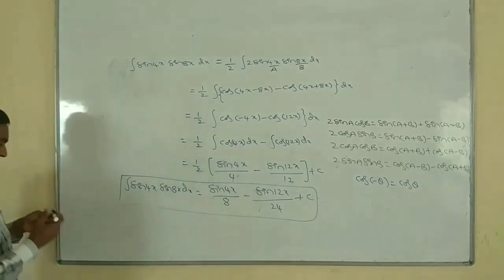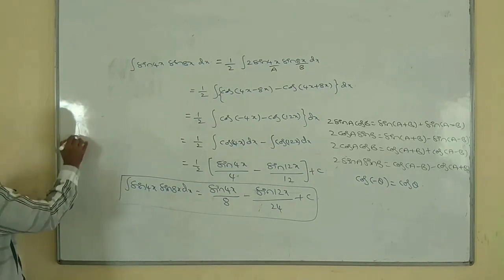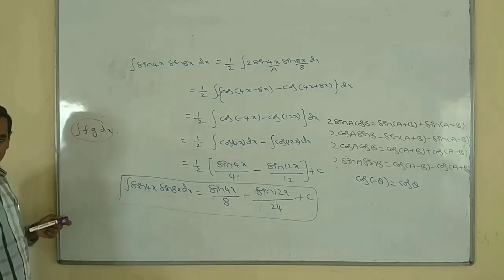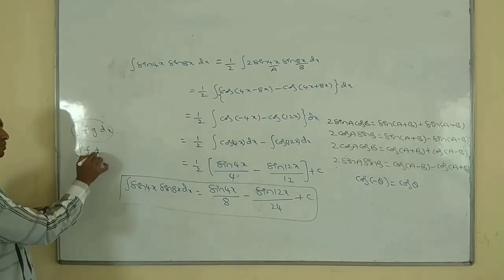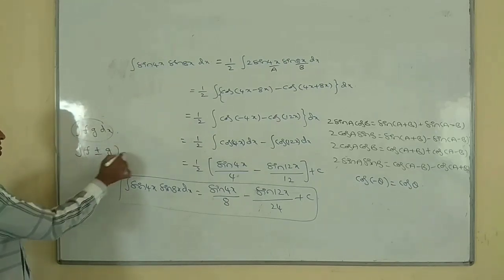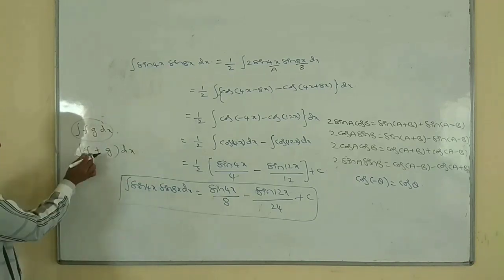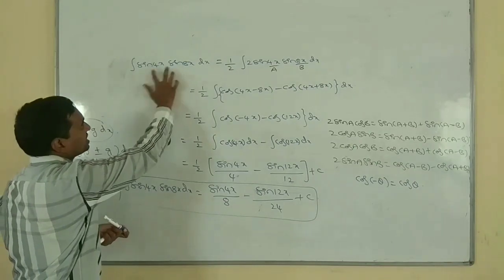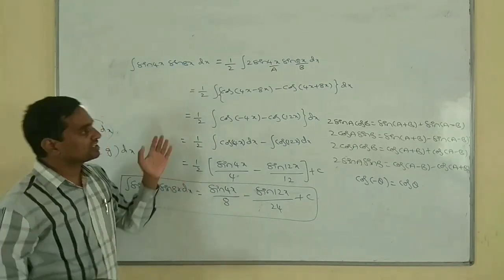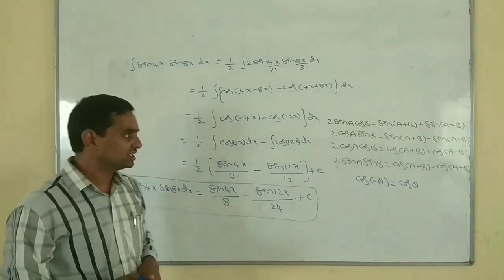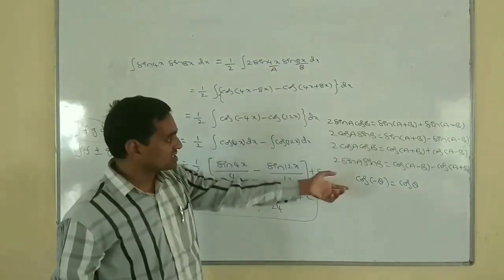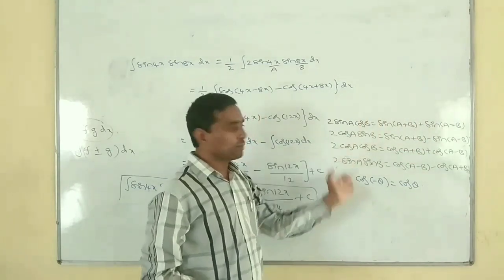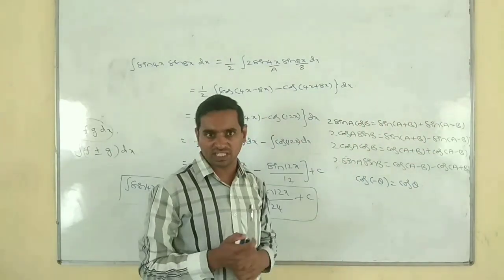We don't know the integration of f into g, but we know the integration of f plus or minus g, which we can write separately. So the multiplication of two trigonometric functions is converted into subtraction or addition by applying the transformation formulas in trigonometric ratios.